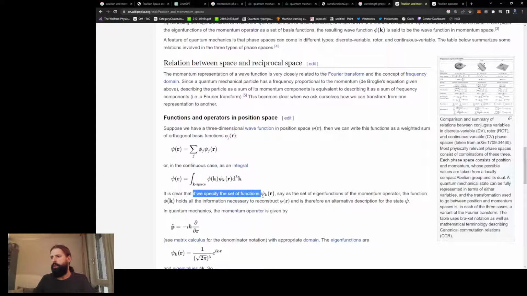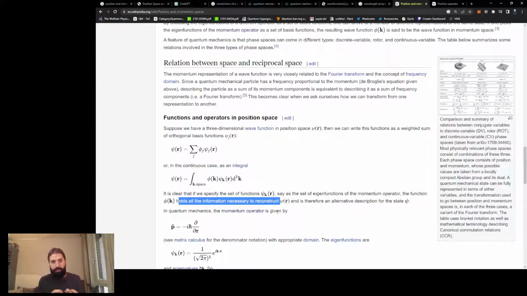It's clear that if we specify this as the eigenfunction of the momentum operator, then this element holds all the information necessary to reconstruct that. Maybe that's it. It's just because you pick the momentum eigenbasis.